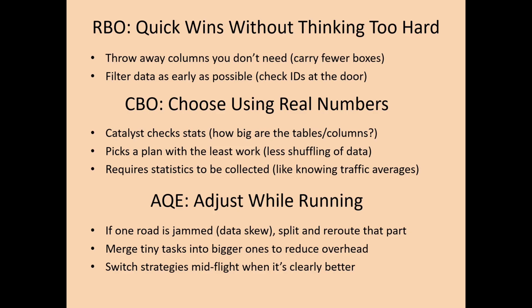Here I was talking about RBO, quick wins without thinking too hard. Throw away columns you don't need. Suppose you have 100 columns and you need only 10 of them to process your data and achieve the actual result you want. So you don't need to read the whole file where you have 100 columns, right?